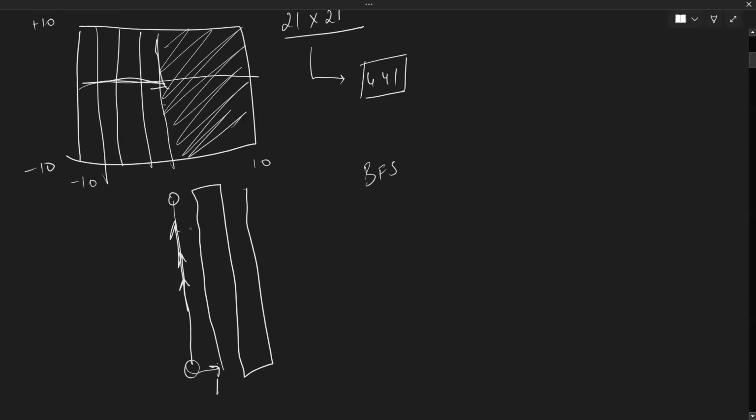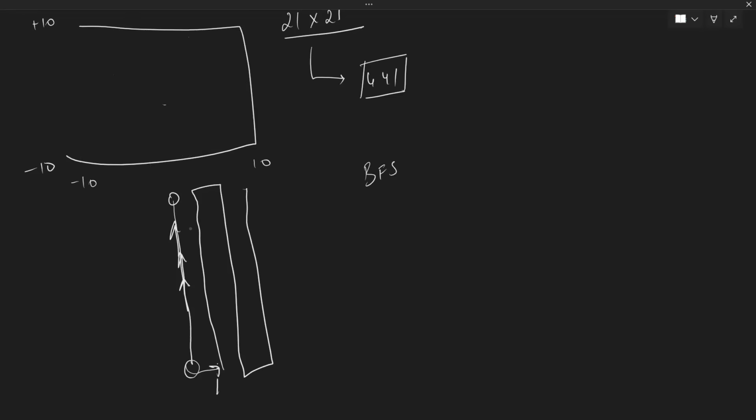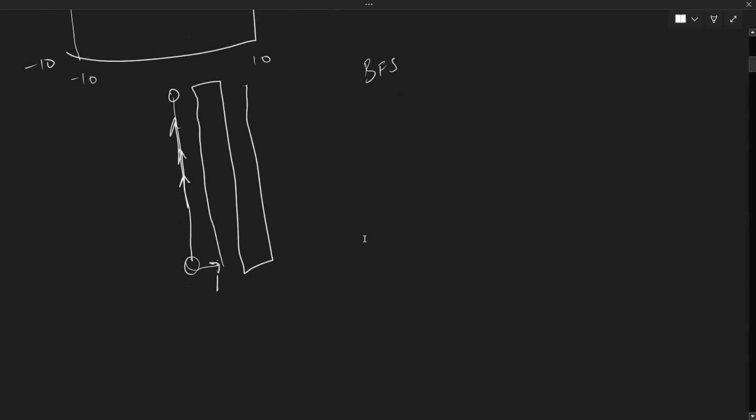If now I can also go in the right and left directions, then I can visit all of these. Is it making sense? So what you can do is just calculate how many rows and columns you can visit. If you can go up, increase your count of rows by 10.